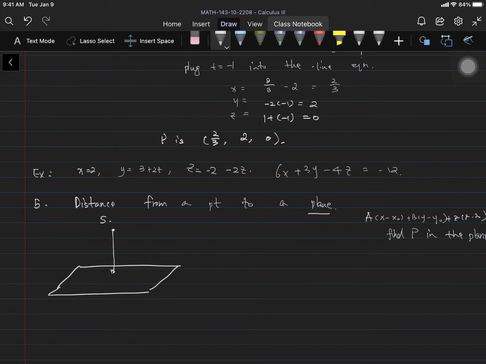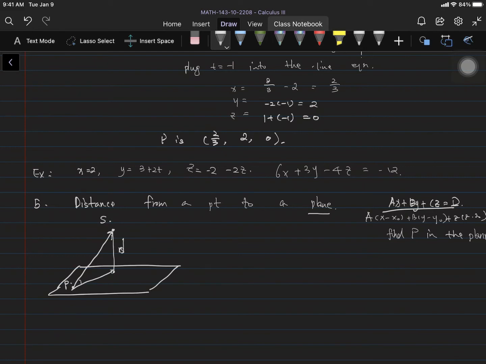Or if the plane is given by general form, we just find any point that satisfies this equation, and it is in this plane. If we find a point P here, for example, we can make a vector PS. And we are looking for the distance here.